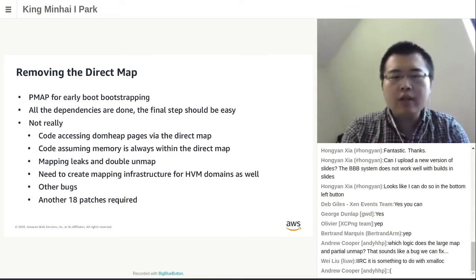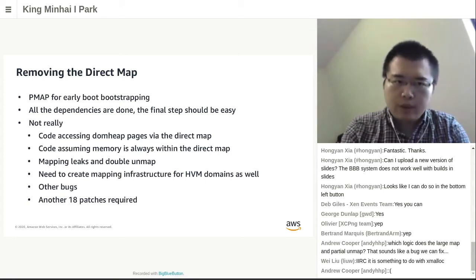And of course, we used to use a direct map. So if you forget to unmap something, or if you map something twice, it won't show up, because with a direct map those things used to be no-ops. But now without a direct map, we have to fix those bugs. And of course, the map cache only exists for PV, but now we have to create the mapping infrastructure.